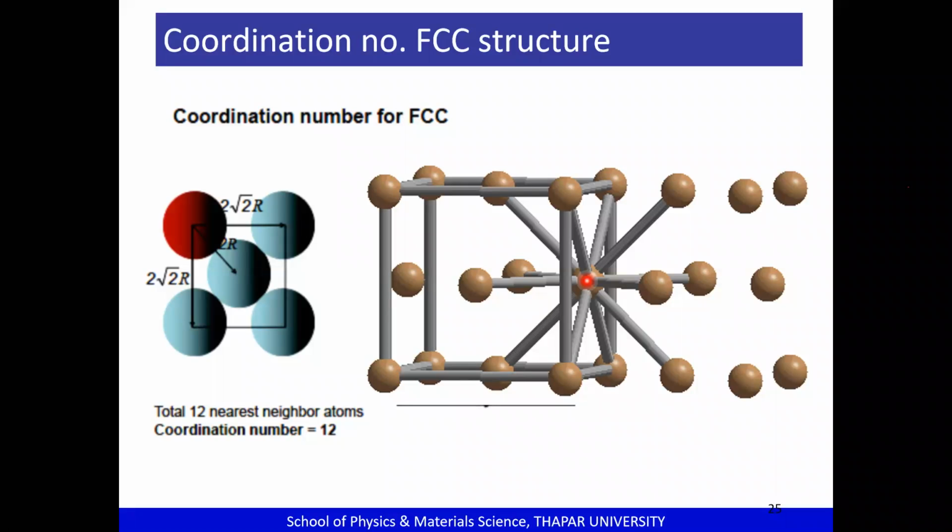So what I suggest you calculate is the distance between the right hand face centered atom and the face centered atom on the top of the unit cell.